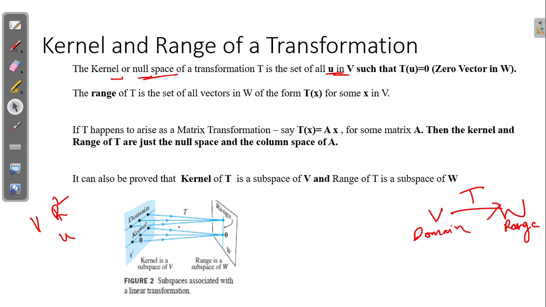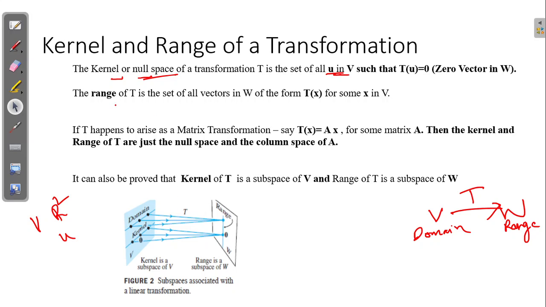When this transformation T acts on these points, they will map into the 0 vector in the W plane. Such a set of all u vectors is known as the kernel.